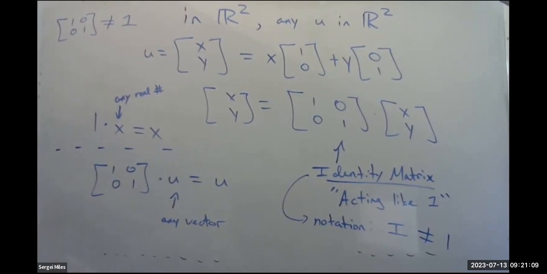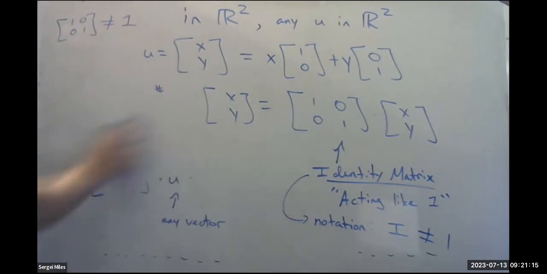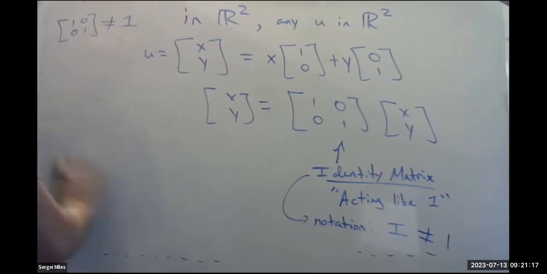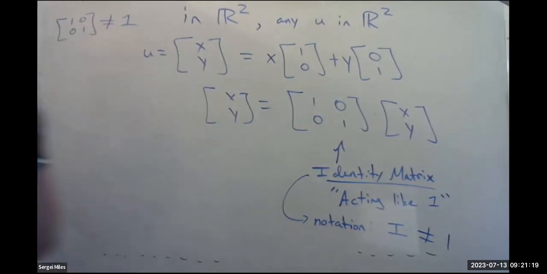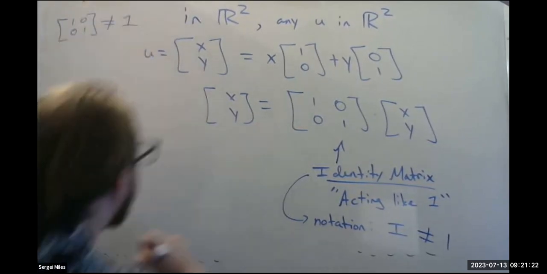So what am I bringing this up for? Well, the identity matrix, this was for R2, right? Well, you can guess the identity matrix in R3 is going to follow the exact same pattern, right?